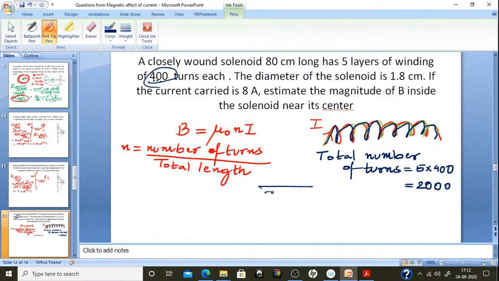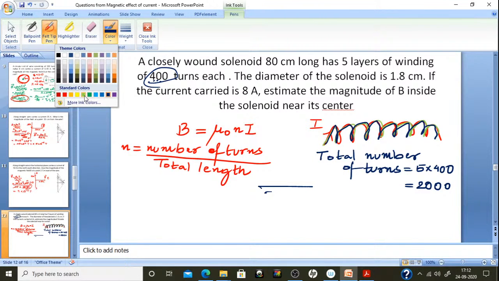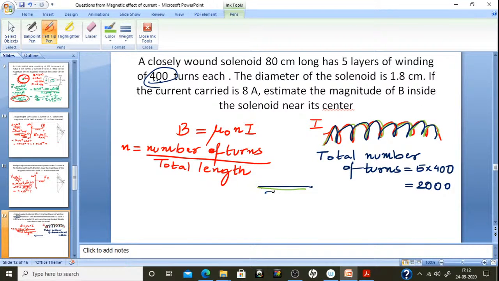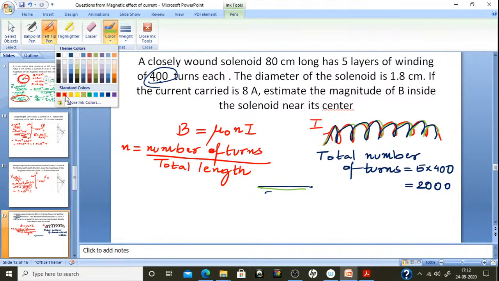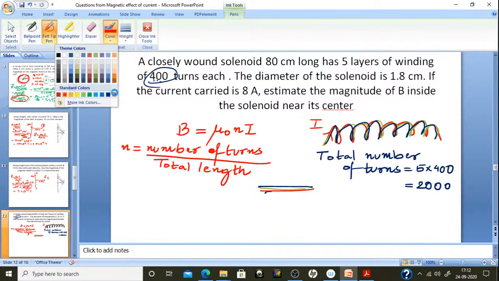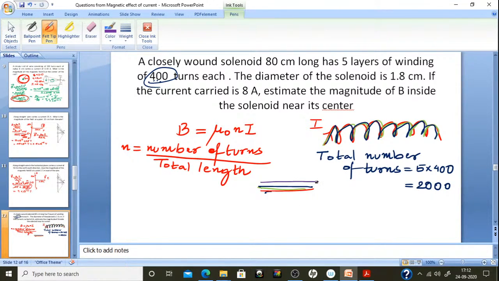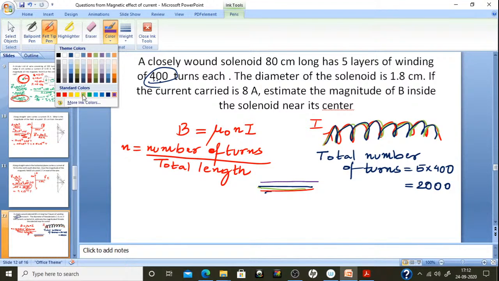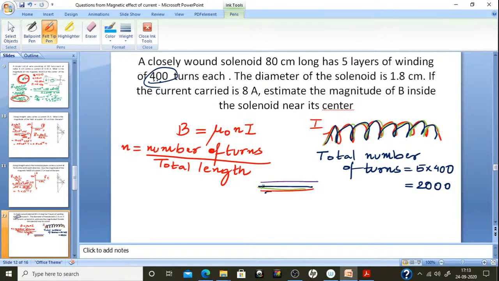So you have wire 1, wire 2, wire 3, wire 4, and then one more wire 5. So 5 different types of wire, and then they are combined to make a single solenoid. Understand? So that means 5 layers. So that 5 is the number of layers. Is it clear?